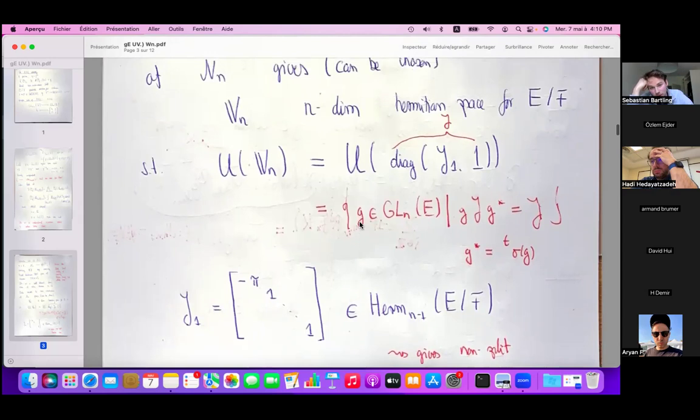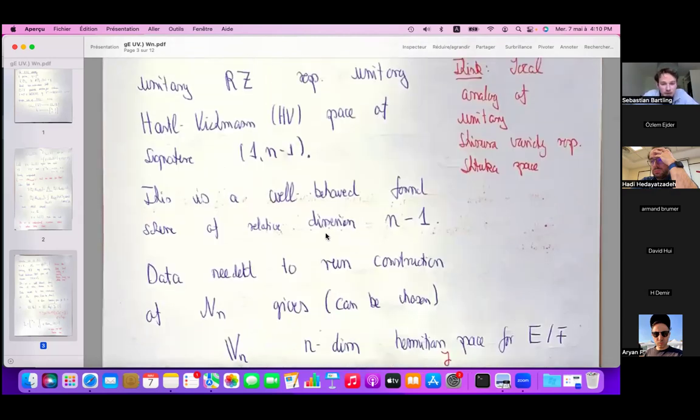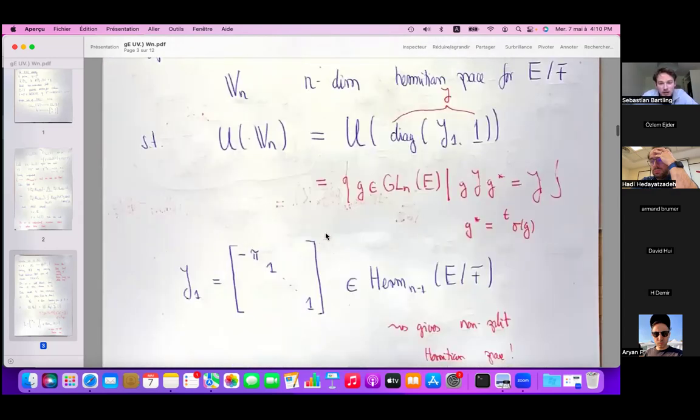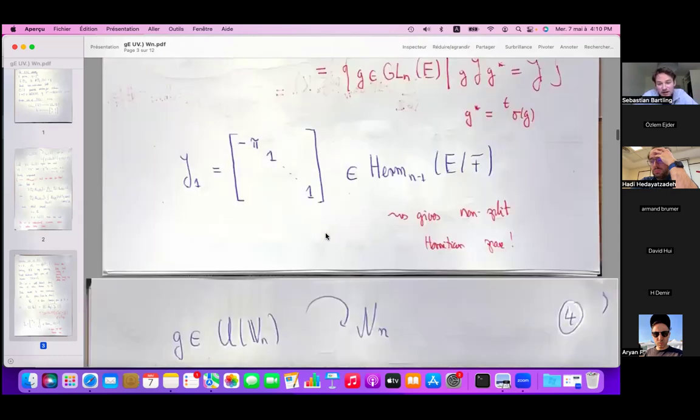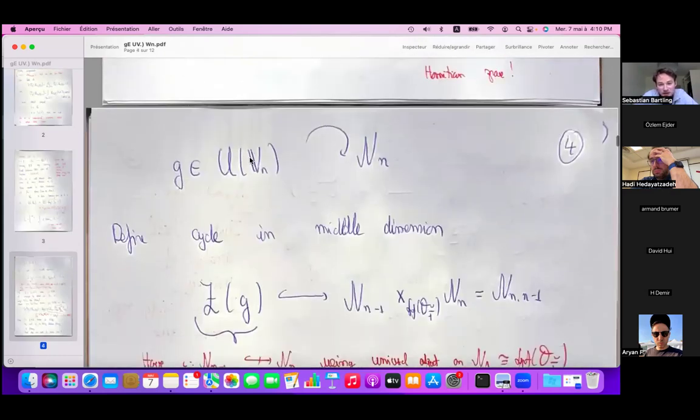And okay, when I say it's a unitary Rapoport-Zink space or Hartrell-Feynman space, what is very important is that I have an action of this big p-adic group, this unitary group, on my formal scheme.